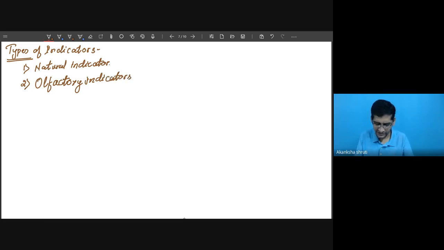The third category is indicators which are prepared artificially in our lab, like the dye, the color that we are getting. All those colors are not natural. They are prepared, they are chemicals. So write, that category is called synthetic indicators.